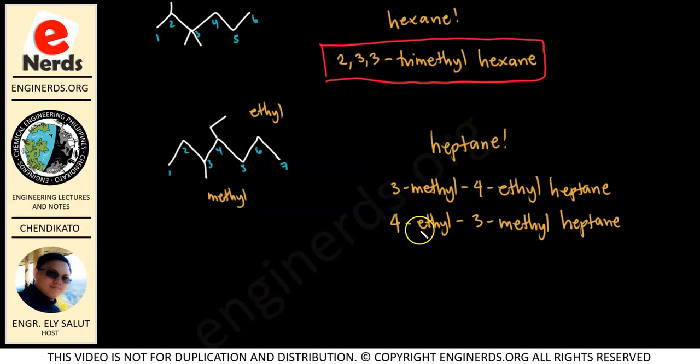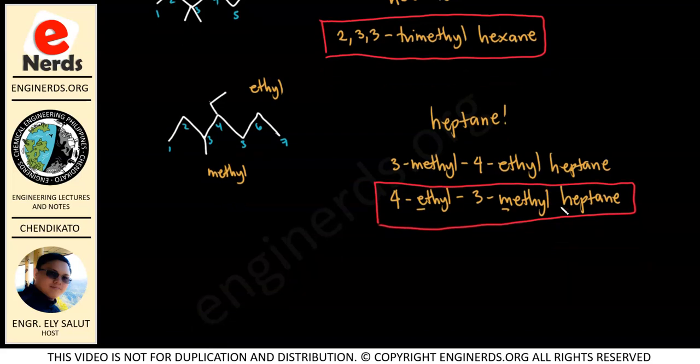Ito naman nakikita natin that our group, substituent groups, are arranged in alphabetical order. So, E comes first before M. So, we have ethyl and methyl. So, alin kaya ang tamang way to name this? Now, this will be our second rule because the answer here will be the second one, this one. Because in naming, we need to write according to alphabetical order, no?